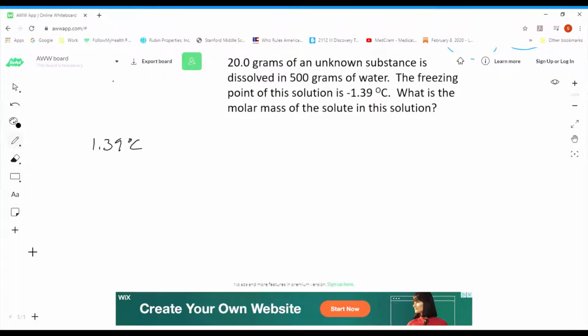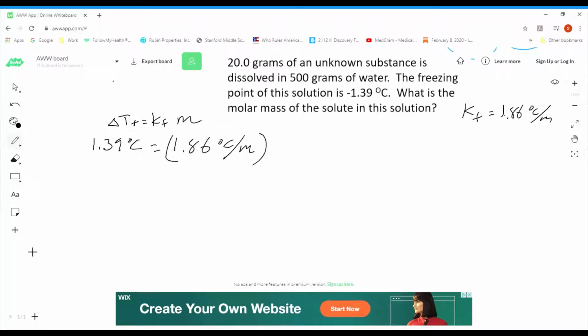So that's your freezing point depression. Put in this equation: delta Tf is equal to Kf times molality. We can look up Kf for water. Kf for water is equal to 1.86 degrees Celsius per molal. So we're going to put this as 1.86 degrees Celsius per molal, and then multiply that by the molality.